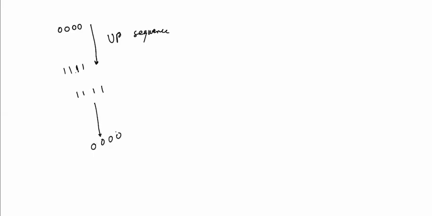Now, like asynchronous counters, we have seen the ripple counter, in which we have the counts from 0000 to 1111, which means we designed the counter to count in the up sequence, and we also designed the counters to count in the down sequence, that is from 1111 to 0000.